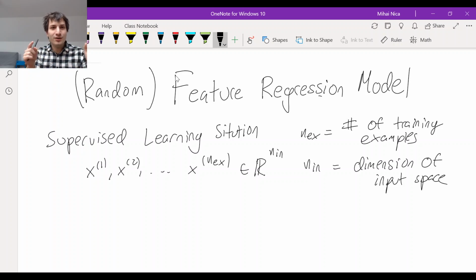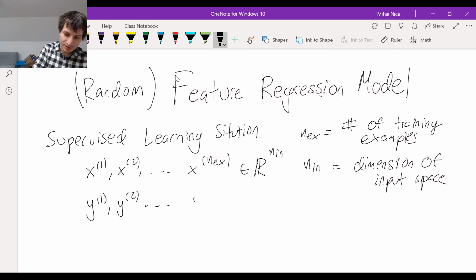So if you had 100 pixel by 100 pixel images, you could encode those in vectors of size 10,000. And these could be the pictures that are given as examples to us. And we're also given some outputs, y1, y2, all the way to y_nx, and these are numbers in R. An example could be you're given pictures of cats and you want to determine how cute the cat is in the picture you were given.